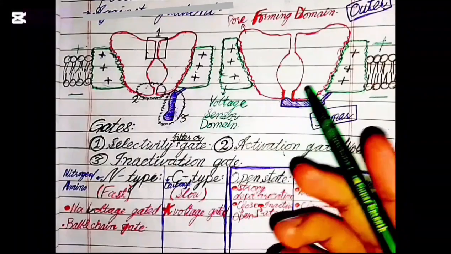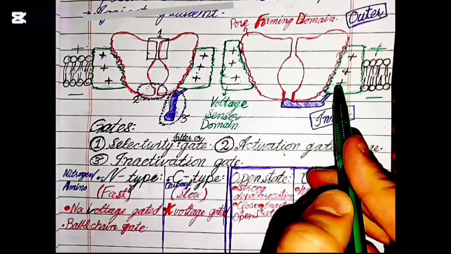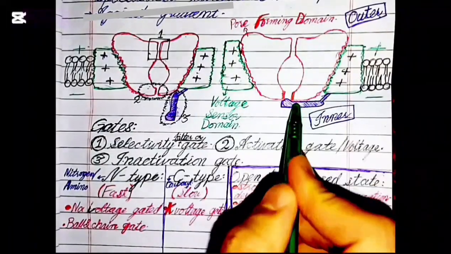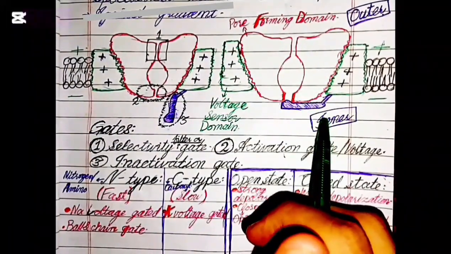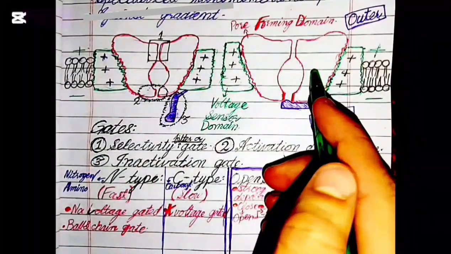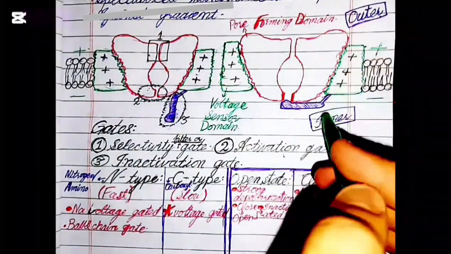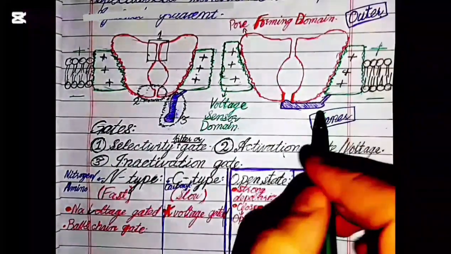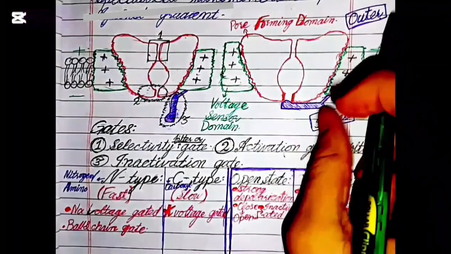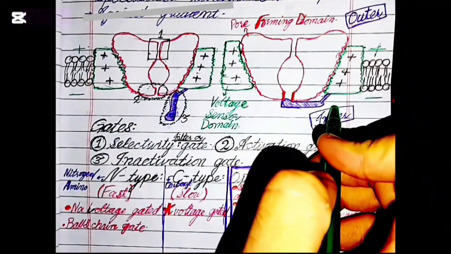And after that, when repolarization occurs and the membrane potential is retained to -70 or whatever it is, they start pulling each other as the negative charge regains. The positive and negative attract each other, and the voltage sensor gets down.